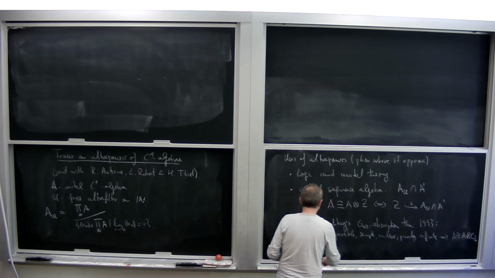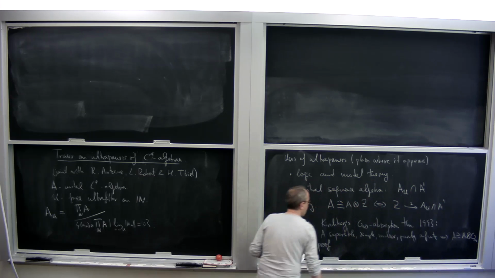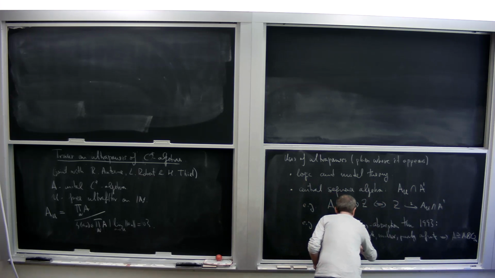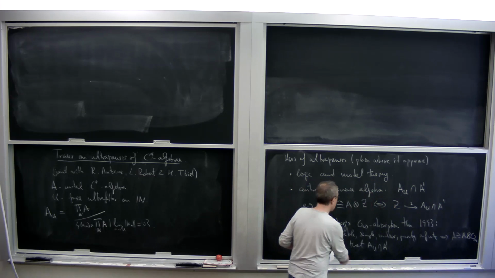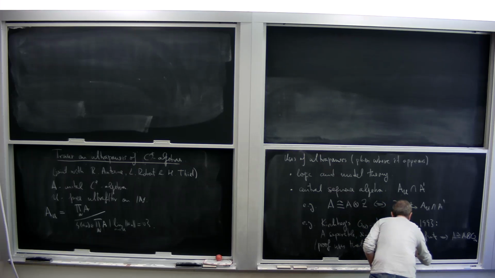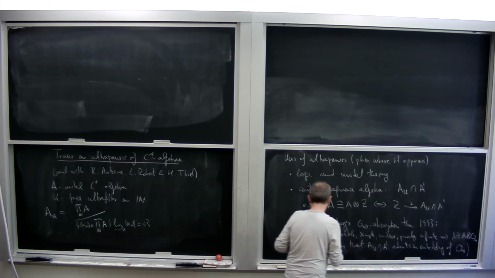And an ingredient of the proof, I mean, the proof is deep, but an ingredient uses that the central sequence algebra of such an algebra admits an embedding of O infinity. Okay, so it's used there.